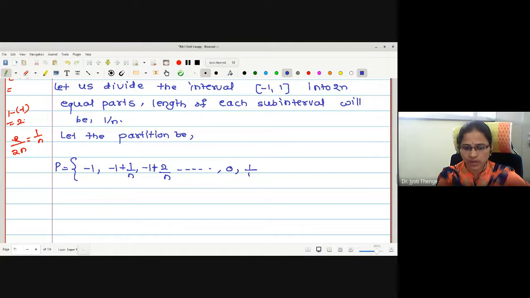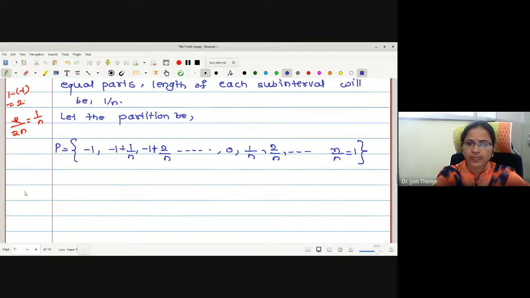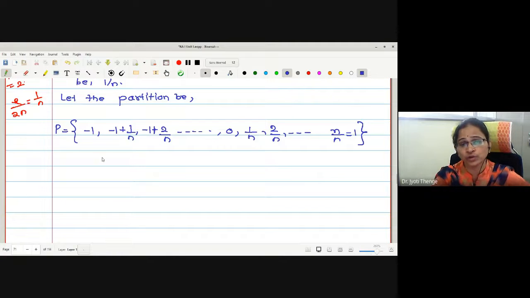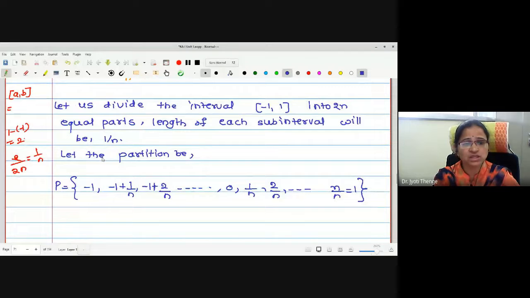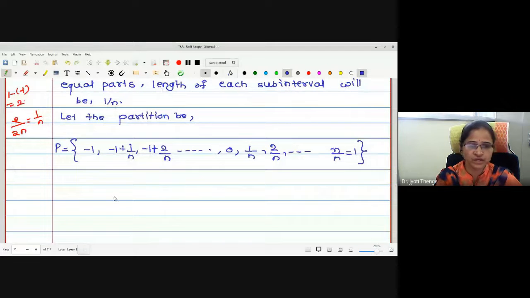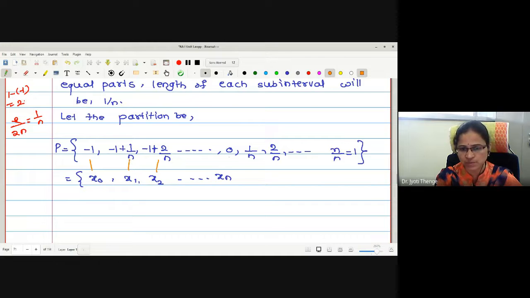Then 1 by n, 2 by n, and so on up to n by n, that is plus 1. Now the points on the left part of the region, I will write as x values. That is, this is x0, x1, x2 to xn.